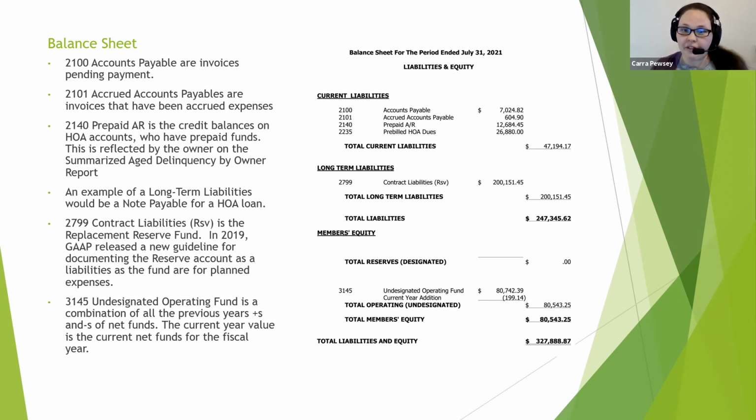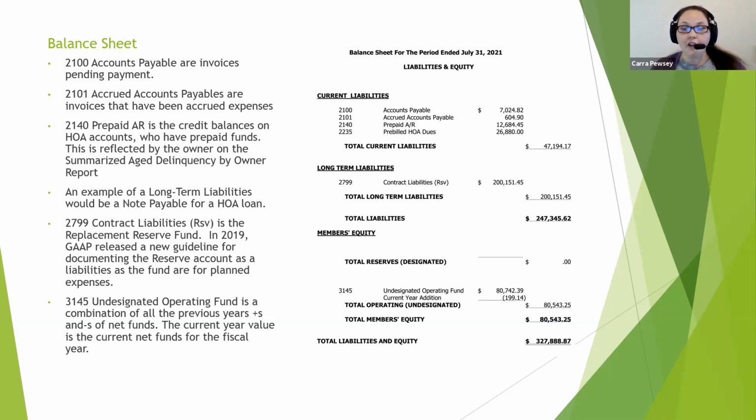And then the other one is contract liabilities. So at the end of 2019, GAAP released a new guideline for how to account for the reserves. Basically, the accountants all got together and decided that since the reserve is based on the reserve study, it should be a liability of the association, because those funds are technically already spoken for based on the reserve study plan.